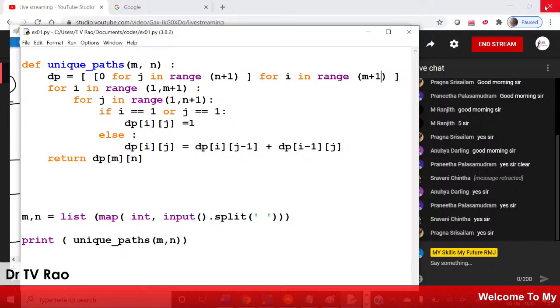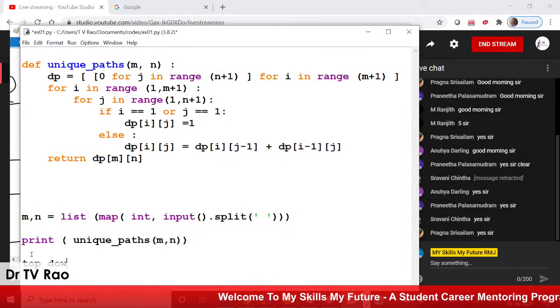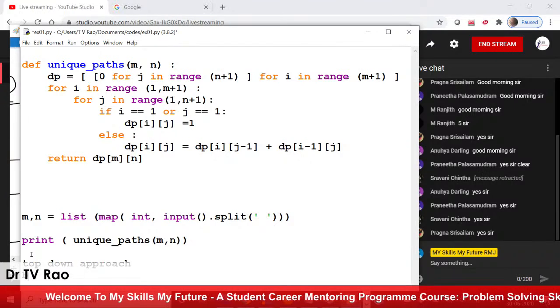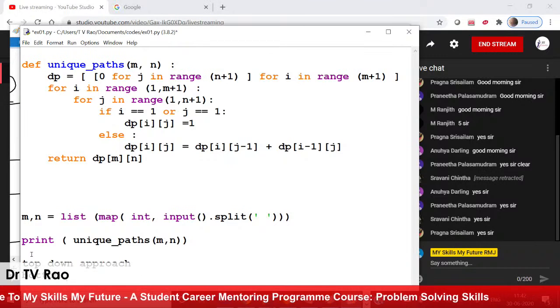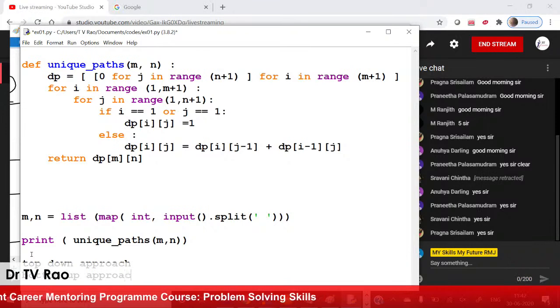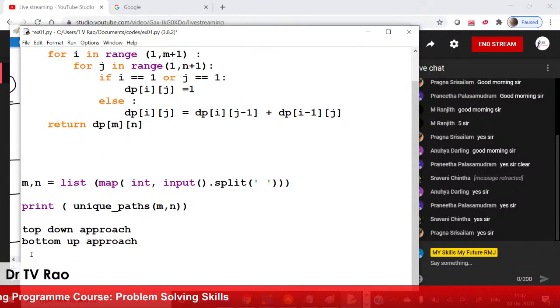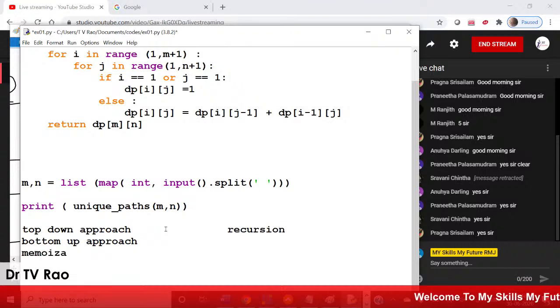So in one simple problem, we discussed top-down approach of recursion, bottom-up approach of recursion, and memoization. This is recursion, and this is memoization. So I hope you understand it.